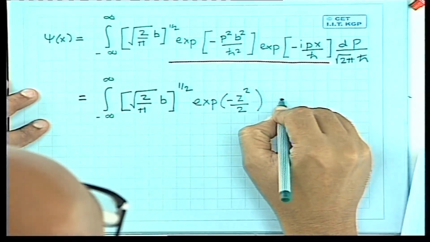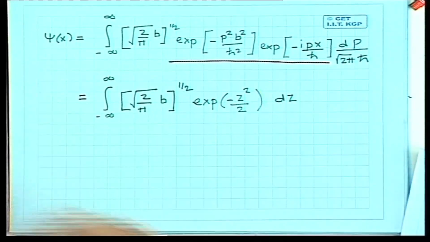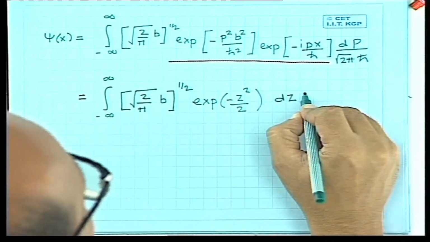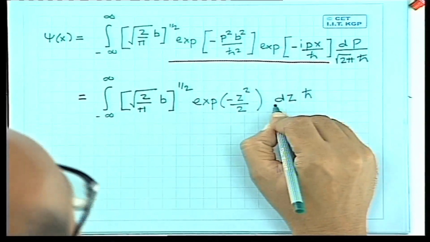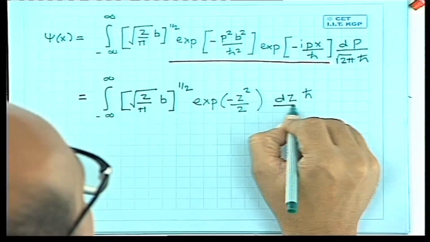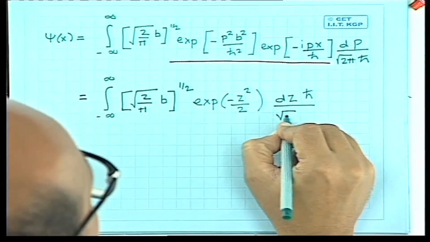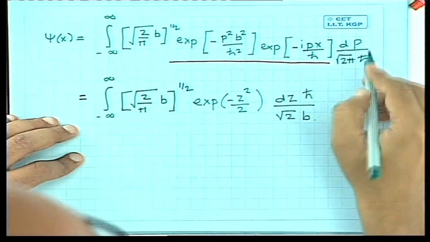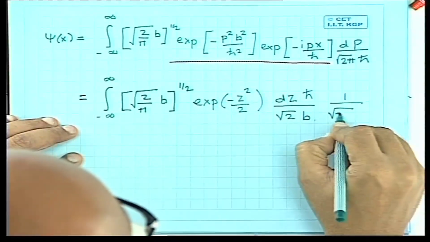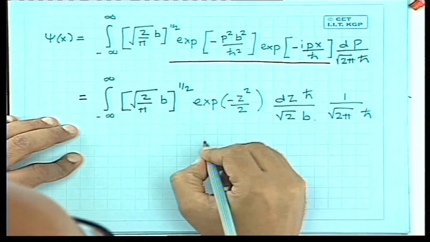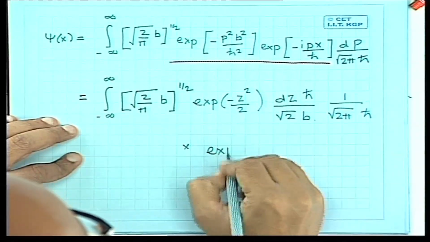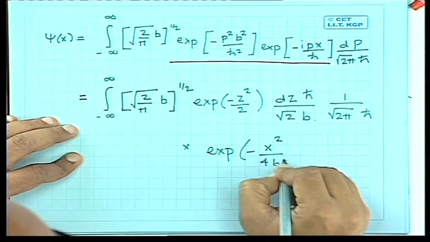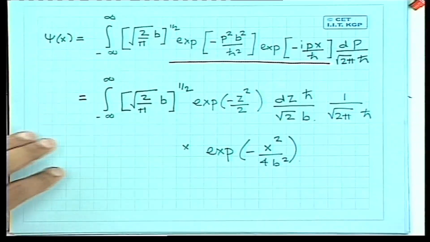So we have dz, and then we have h cross here by square root of 2b. I am just replacing dp in terms of dz, and we already had 1 by 2 pi h cross, and we have one more term which is very important, which is minus x squared by 4b squared. Right?